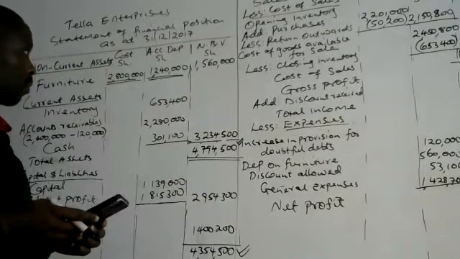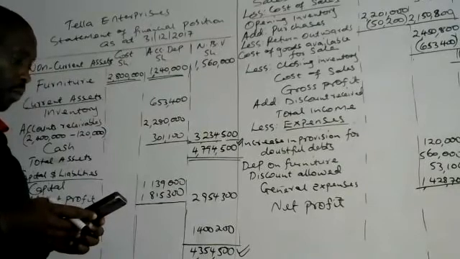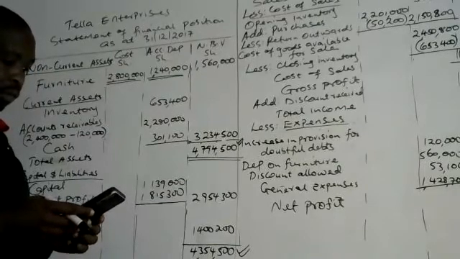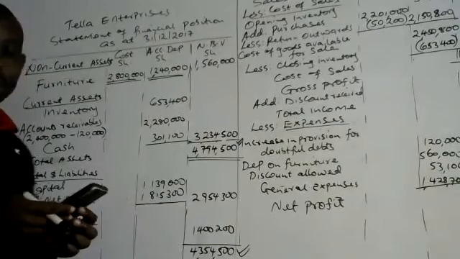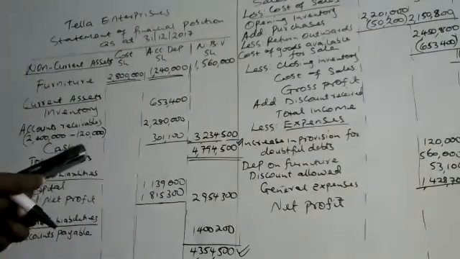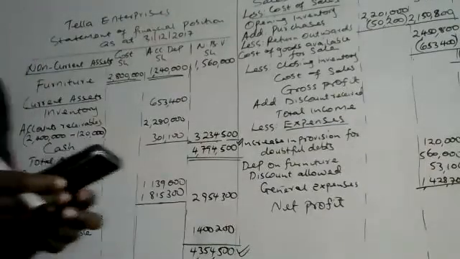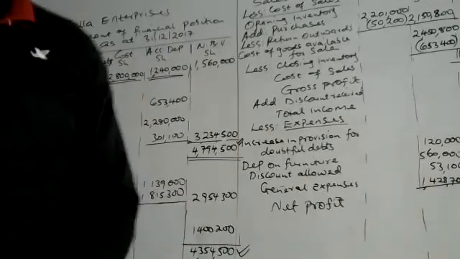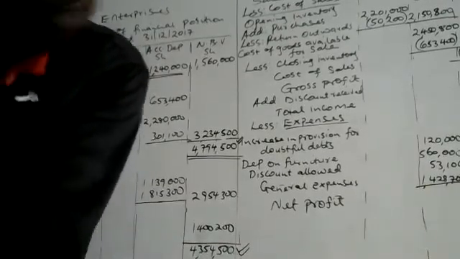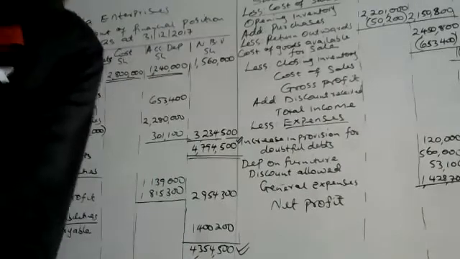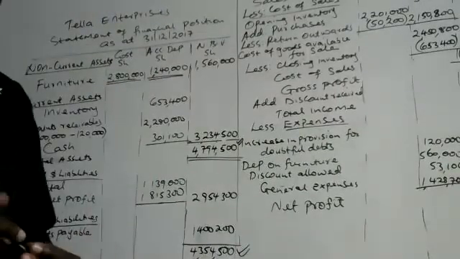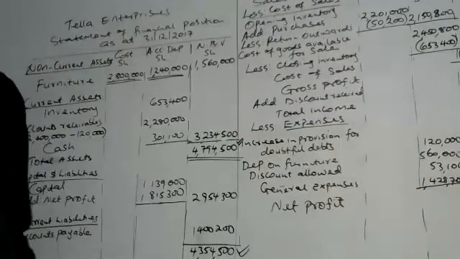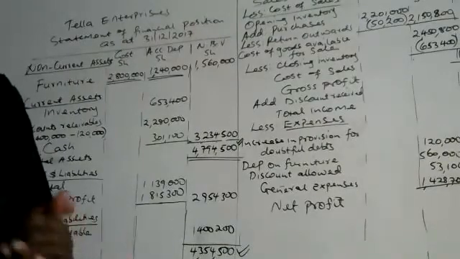We were told the depreciation is 20% per annum on cost. So this depreciation we have been given is as at January, and now we are doing for the year. So for the year, the furniture will have depreciated by 560,000. So when you add that to the one at the beginning of the year, you get 1,680,000.